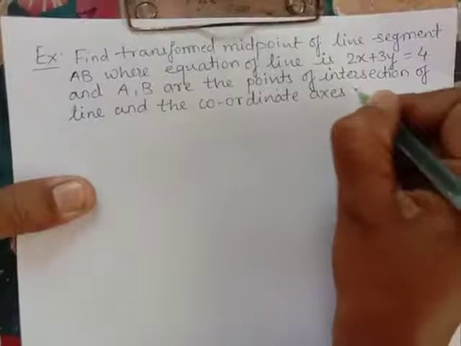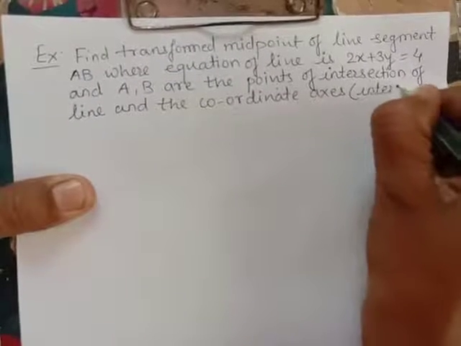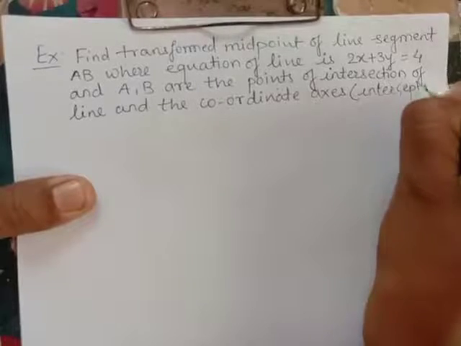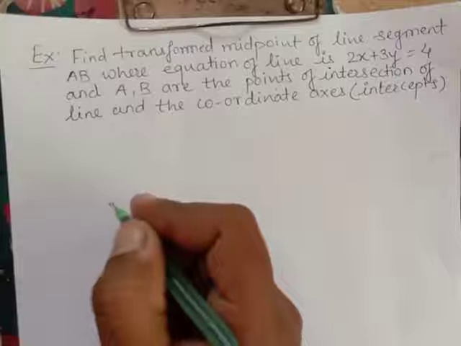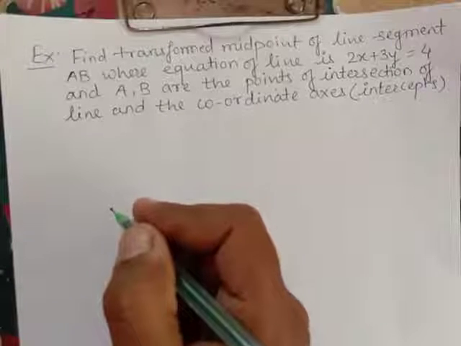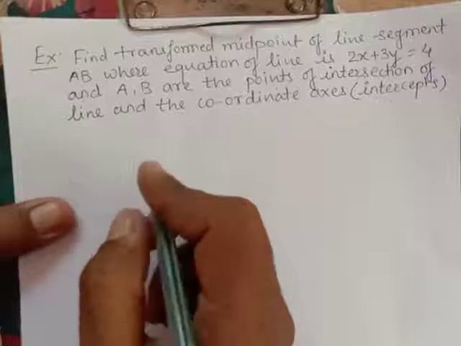This is also known as intercepts: X-intercepts and Y-intercepts. X-intercept is the point of intersection on the x-axis, and Y-intercept is the point of intersection on the y-axis.